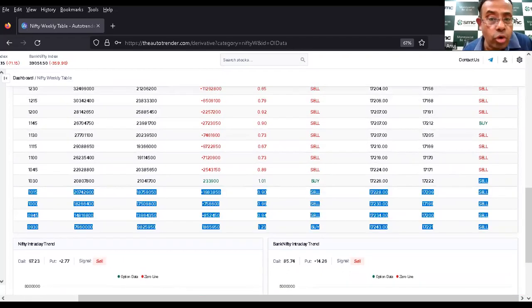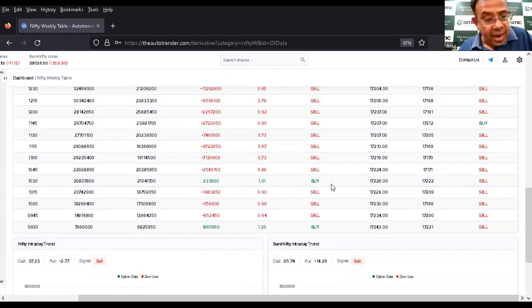So what you have to do in this case, when there are conflicting views, is wait and watch for the next move. By the time you hit 10:30, you have a lot of back reference from 9:30 to 10:30. So you can easily make out that it is not right for me to take a bullish position, just by looking at the data.